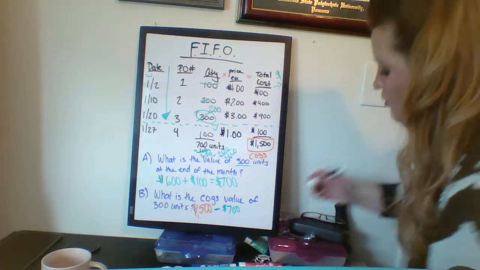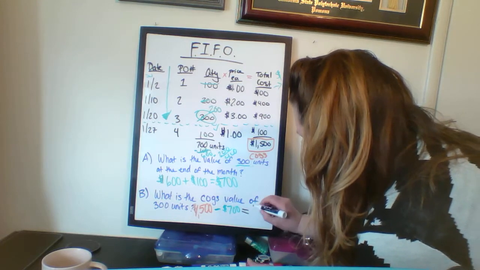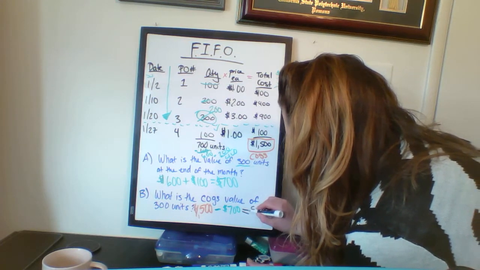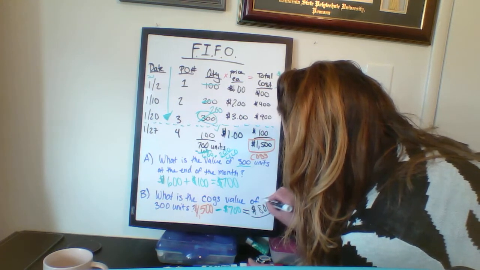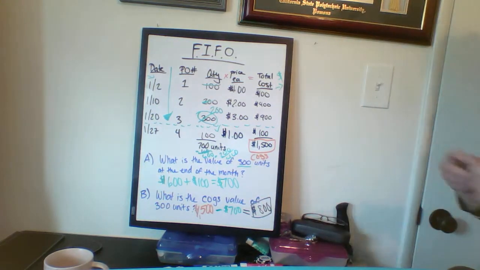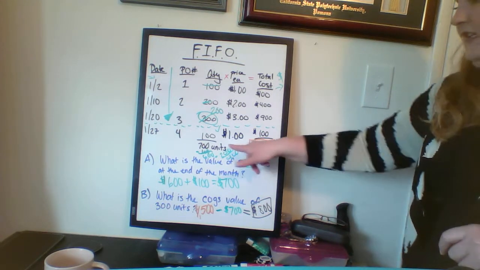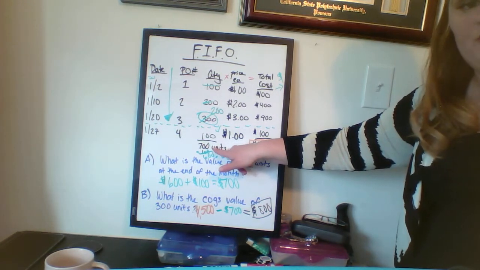So what is their new cost of goods sold that they're going to have to put on their income statement? $800.